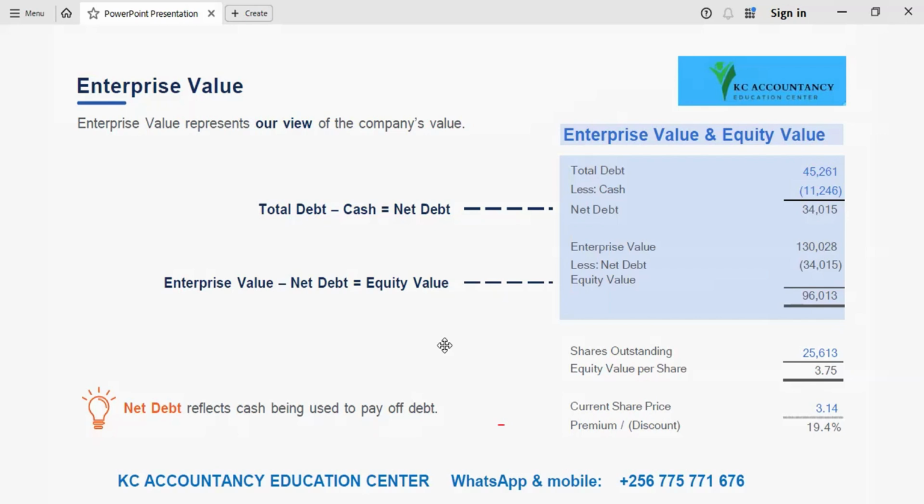Up on this top right corner, we have taken a debt of 45,261. This is the debt. And now we've subtracted our cash. Cash is $11,246 US.